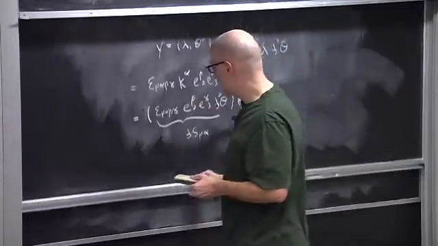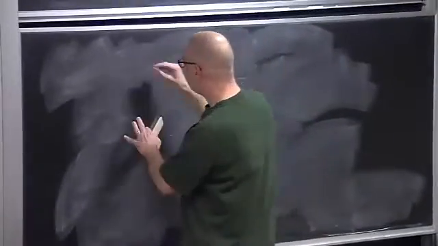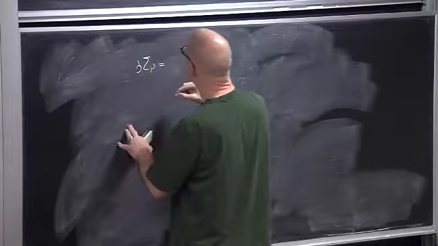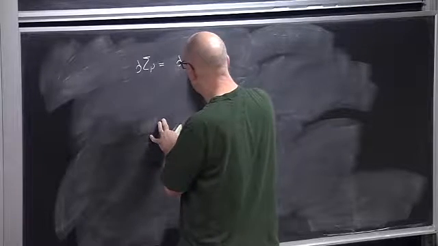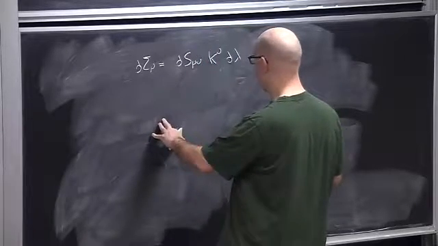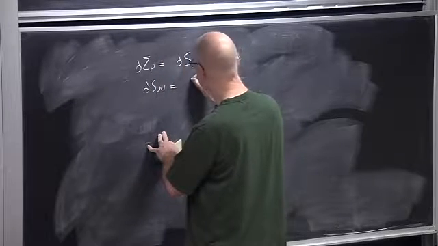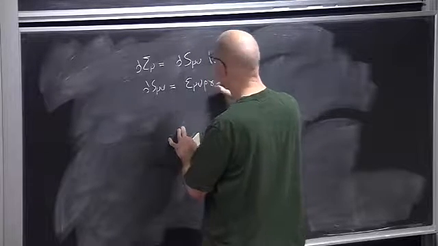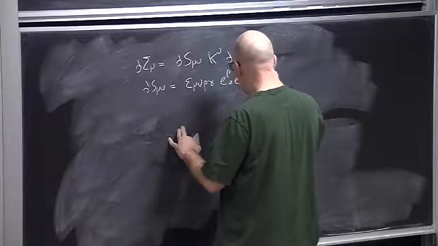Let me just rewrite this. d sigma mu is written as dS mu nu dotted with k nu, and we integrate along d theta, and dS mu nu, I'm just rewriting it, is epsilon mu nu beta gamma e beta 2 e gamma 3 d2 theta.